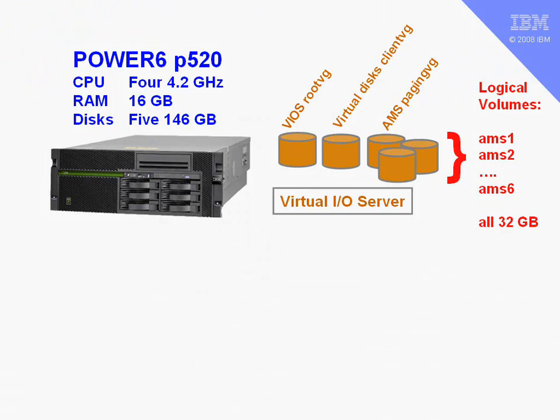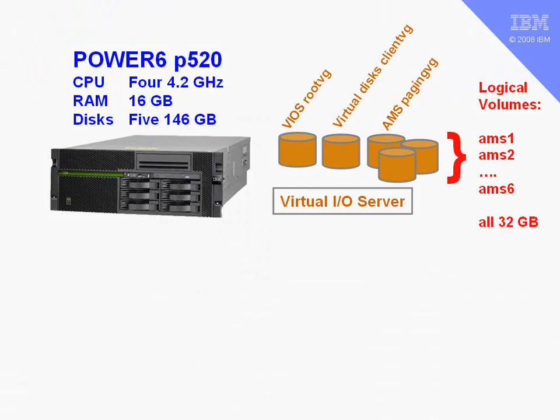Remember, with AMS, the hypervisor via the VIO server will page out the logical memory of your logical partitions. Now of course the logical partition memory can't be bigger than the actual machine that you're in. So this machine only has 16 gigabytes of memory, and so there's no need for the logical volumes to be 32 gigabytes.